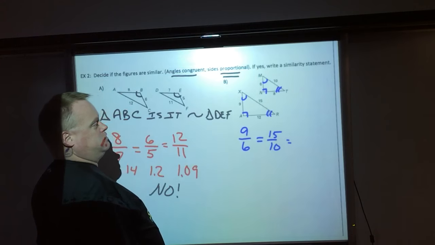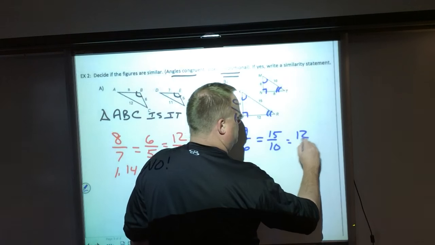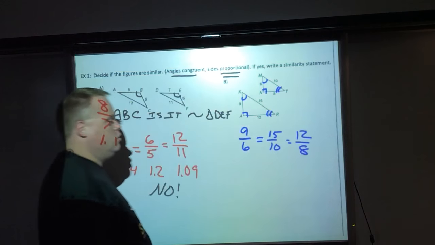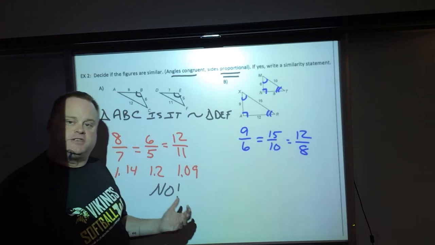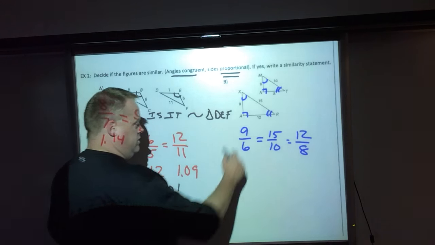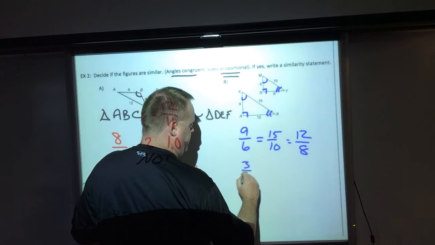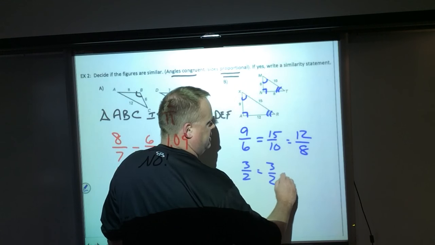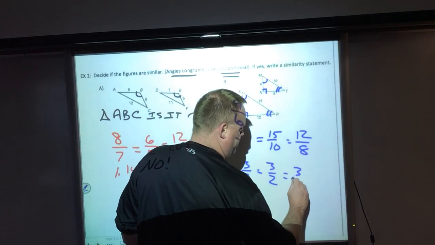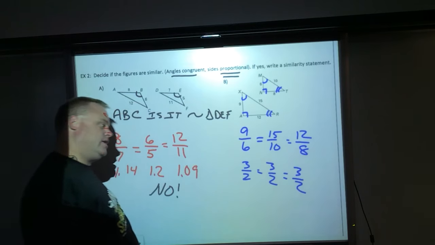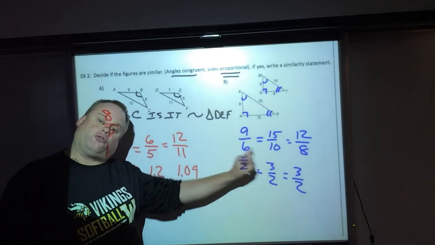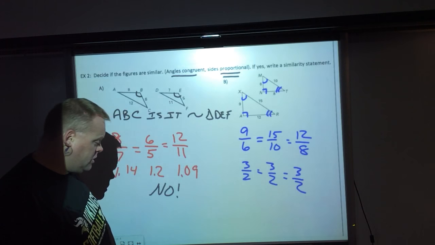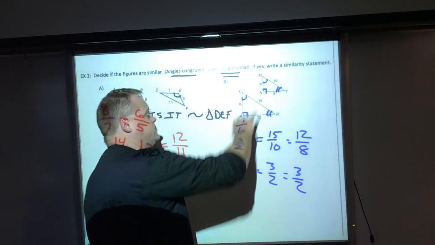And is that proportional to 12 over 8? Well, if I reduce these down, I can do this without a calculator. 9/6 is 3/2. 15 over 10 is 3/2. And 12 over 8 is 3/2. When I reduce those fractions, notice that all 3 of these are the same. So these triangles are similar.